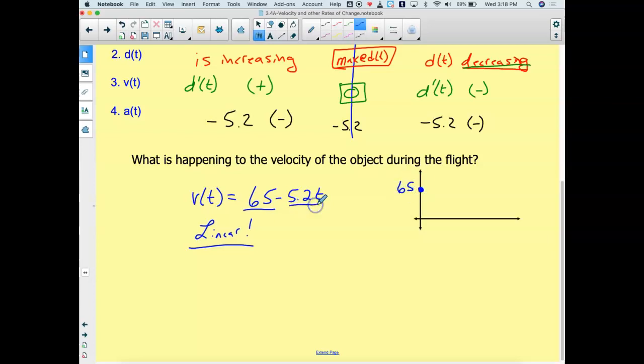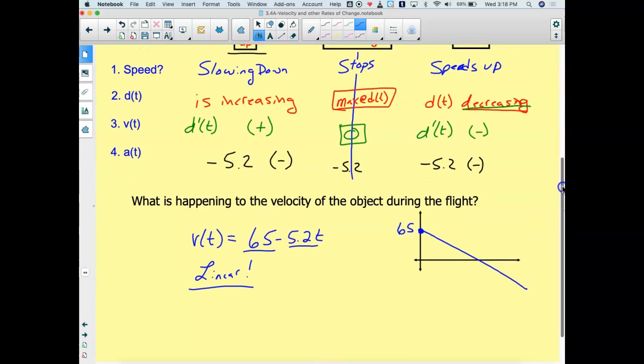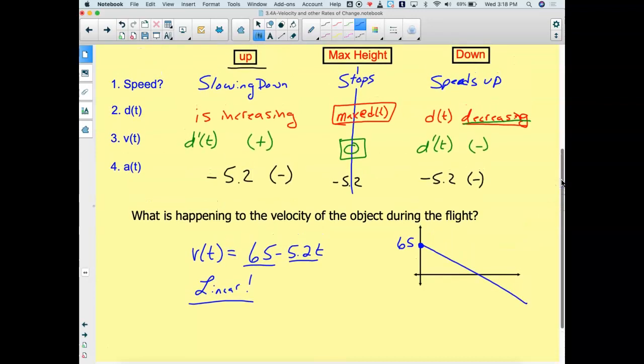And my slope is negative, so it's going down forever, and it's going down at a constant rate. And what I do know is, if I'm correlating what's going on here, when my velocity is 0, whoa, connections. Here, I'm at my max height.